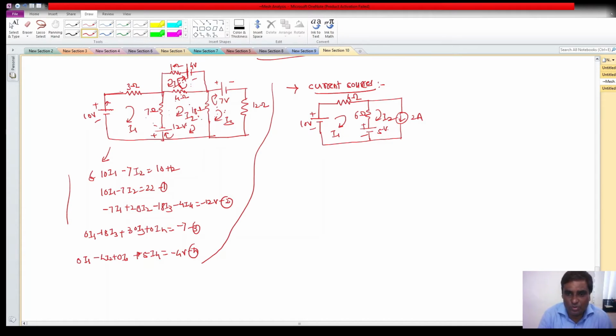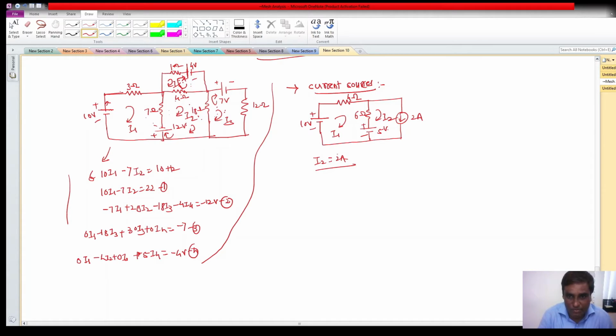You don't have to find the mesh current in the second mesh, that is I2, because the current source is present in the outermost mesh. So one mesh current you already know. So I2 I can write as 2 ampere. So half of the problem has been solved.